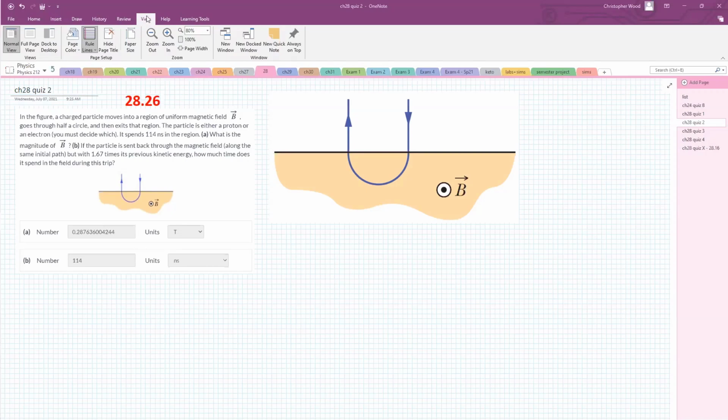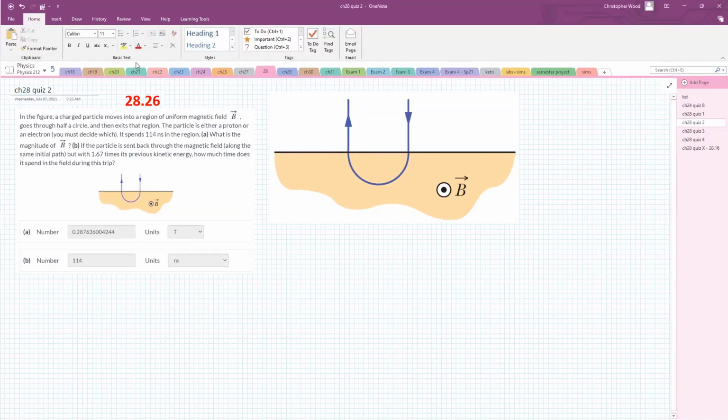Okay, so this is good stuff. No cross products here, but magnetism. Again, chapter 28 is chapter 28. What's the short title of chapter 28? Magnetic forces. Magnetic forces acting on moving charges, which is a huge deal.